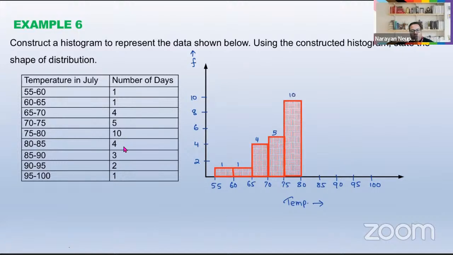Next one has a height of 4. So we draw the next connected bar, height of 4. Now we have the next one, 85 to 90, height 3 or frequency 3. 85 to 90, frequency is 3. 90 to 95, frequency 2.